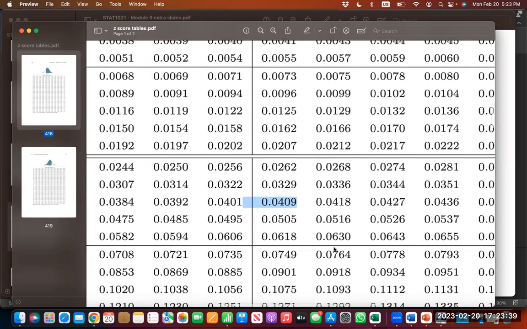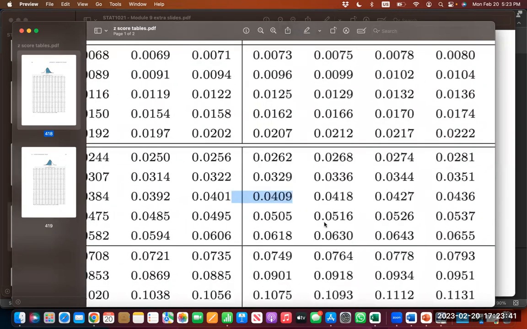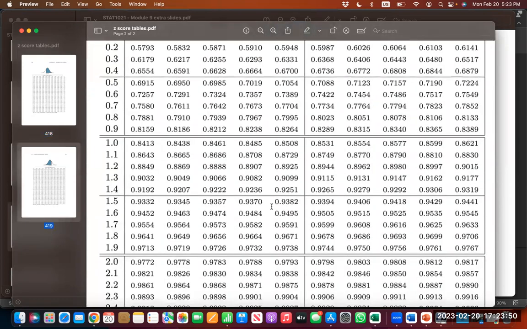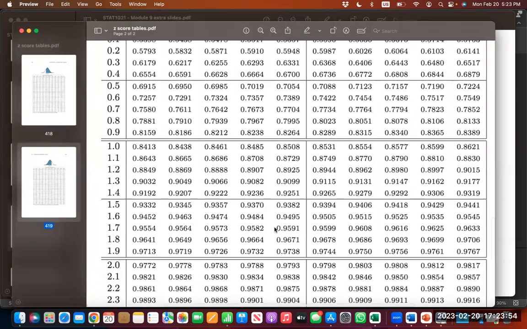If you have a positive number, you have two possibilities. Either you read it from the negative z score, because it's symmetrical, or you go to the positive one, to 1.74, and you calculate 1 minus 0.9591.